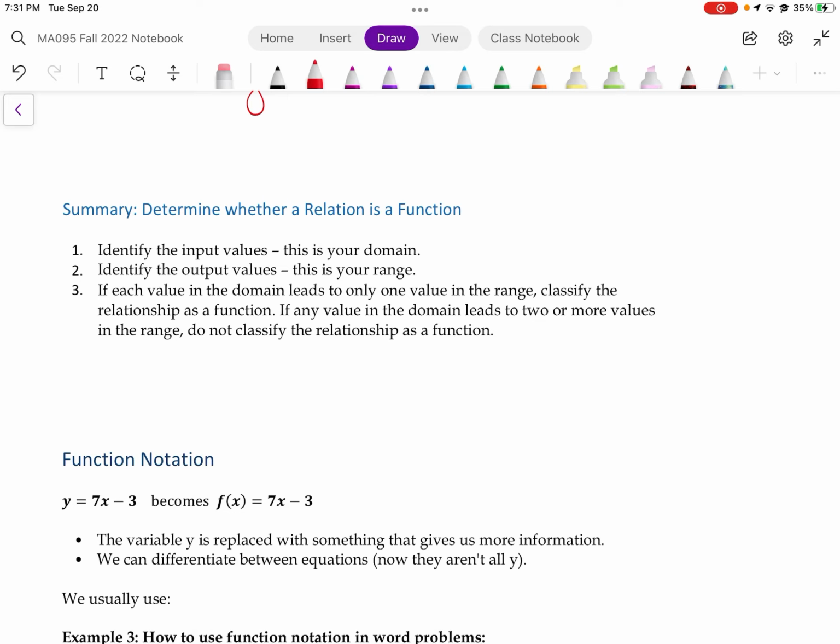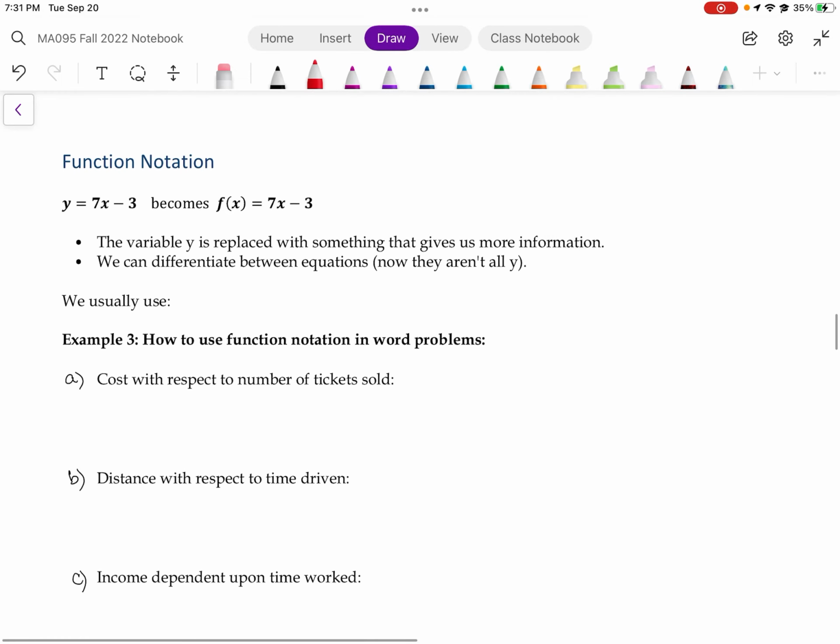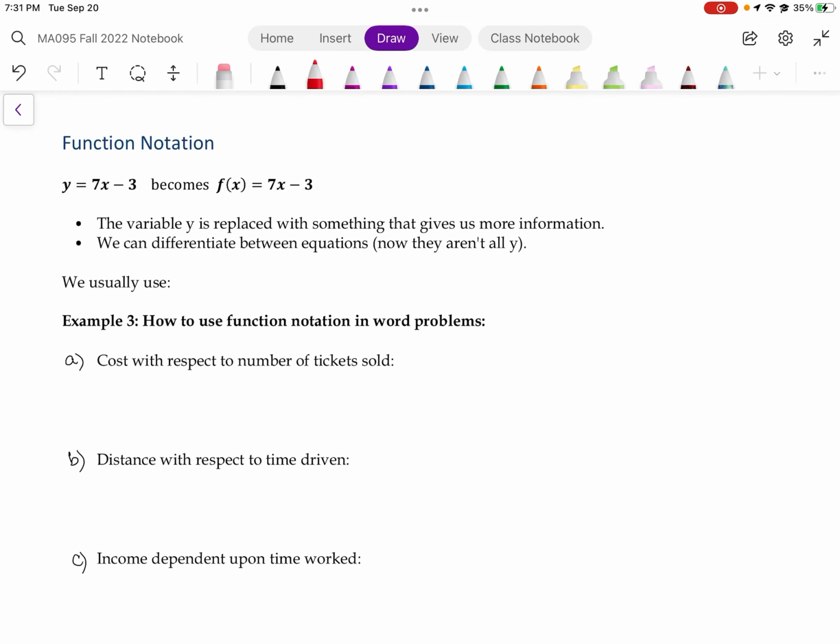All right, so function notation is the next thing we're going to look at. And this is very important for everything you do in math from here on and forever. So very key, basic, foundational skill. So practice this a lot until it really makes sense. All right, so y equals 7x minus 3, when we use function notation, becomes f of x equals 7x minus 3.